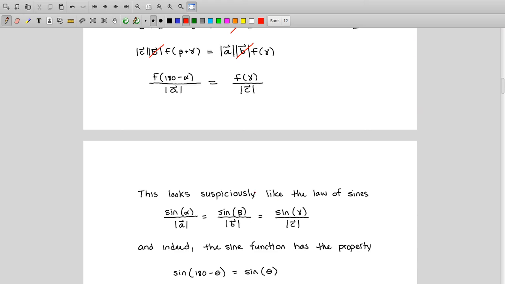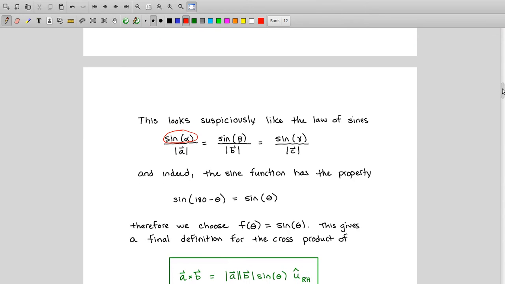Turns out there is a function, sine, that satisfies that relationship for any pair of sides in the triangle. And not only that, but the sine function has the property, here you can see a little bit of a discrepancy. We've got f of 180 minus alpha compared to sine of alpha. But indeed, sine of 180 minus an angle equals sine of that angle. That's a property of the sine function. And so we'll go ahead and assume that this function f is sine theta.